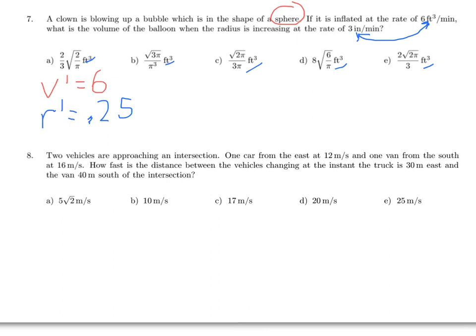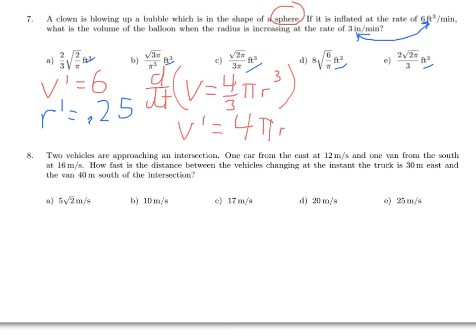We go back to our volume of a sphere, 4/3 pi r cubed. And we take the derivative of that with respect to time. Everything is changing as time changes. And we get V prime equals 4 pi r squared times r prime.